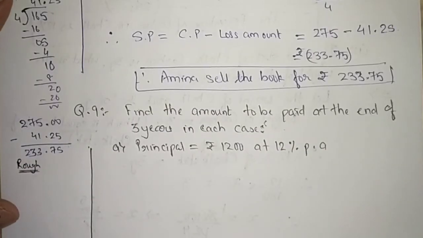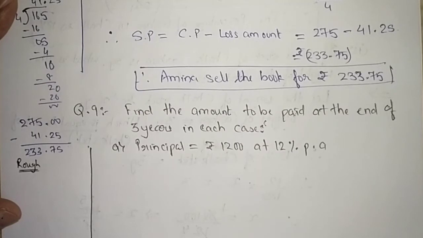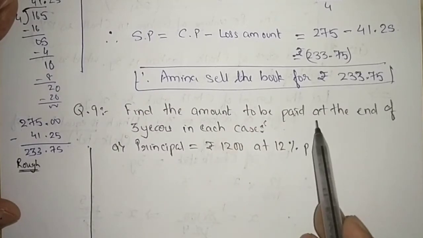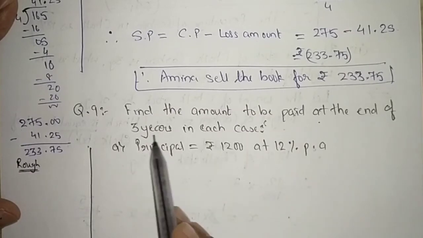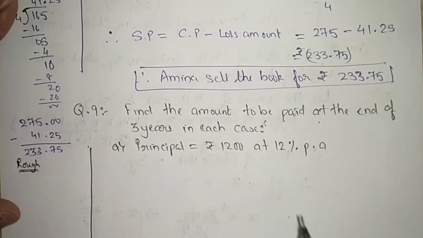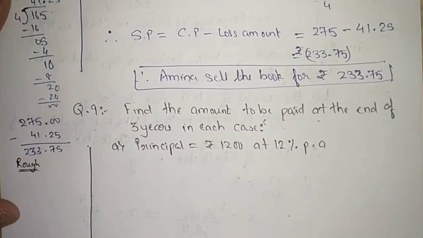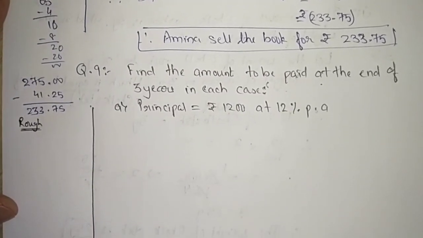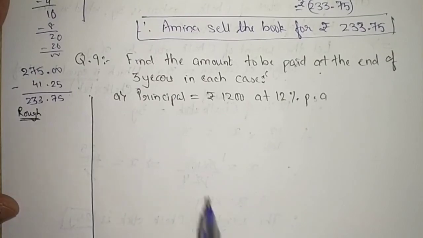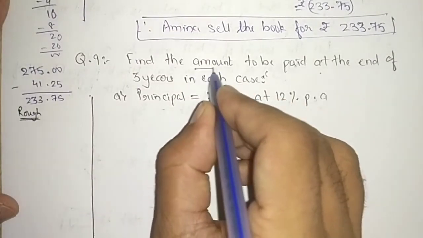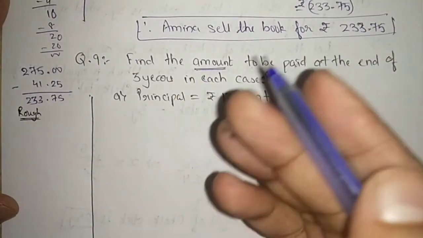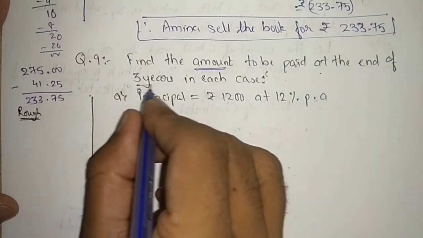Question number 9 says find the amount to be paid at the end of 3 years in each case. So from question number 9 onwards, it is the question of simple interest. They want us to find the amount that has to be paid at the end of the 3 years.